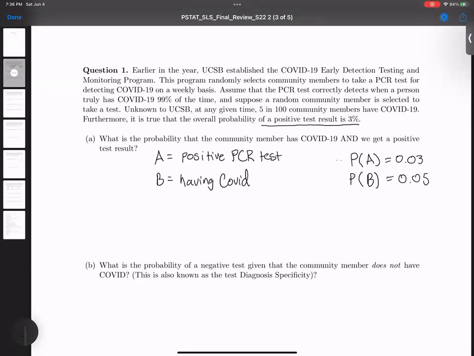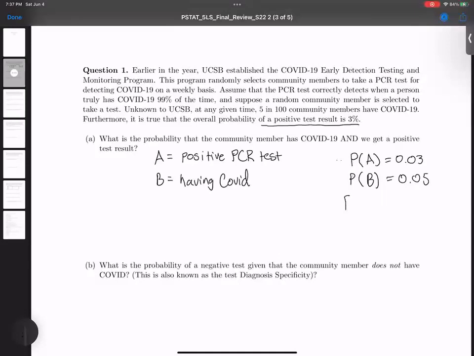And then the last bit of information that we're given is that the positive PCR test correctly detects when a person truly has COVID 99% of the time. Unpacking that, if a person truly has COVID, so given that the person has COVID, the PCR will detect that correctly 99% of the time.